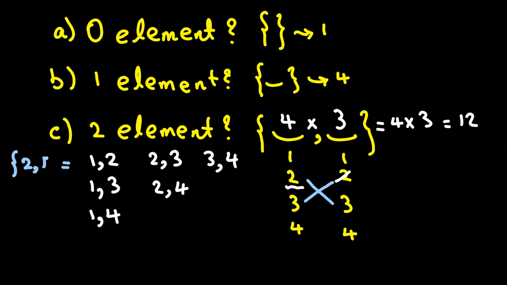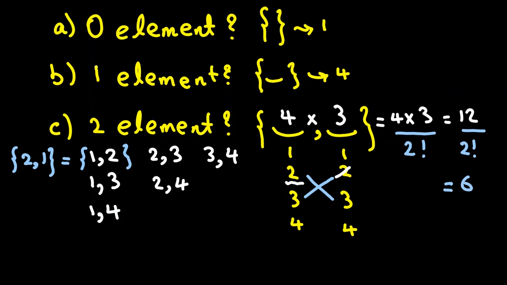They are the same when you have a set. So here we should divide by the permutation or arrangement of each subset. Using part 1, we should divide by 2 factorial, because each two elements have 2 factorial arrangements. If we divide by 2 factorial, it will be 6. Now, let's generalize this idea.